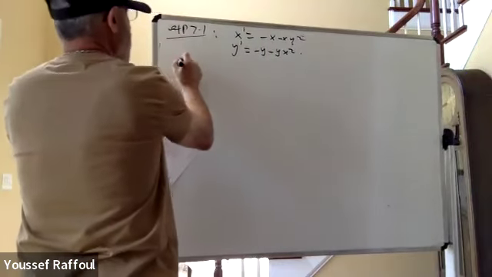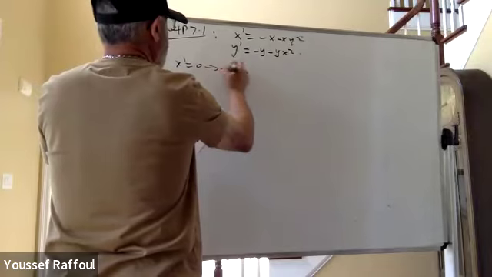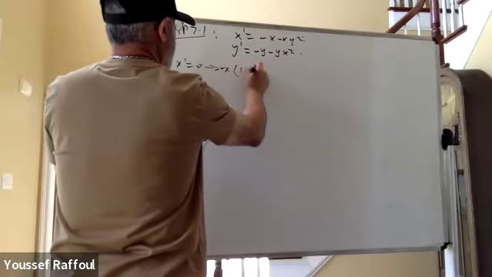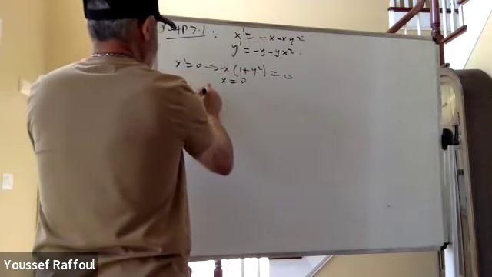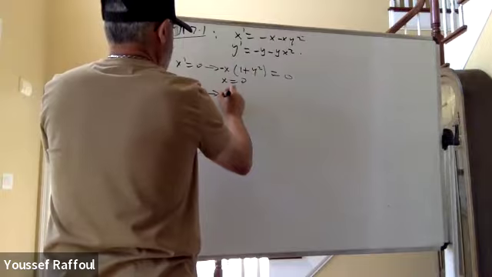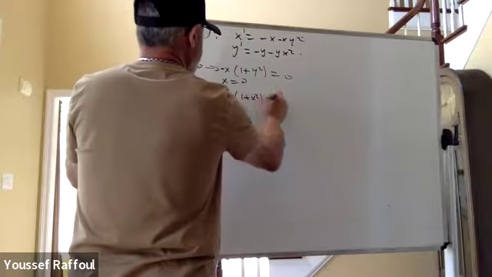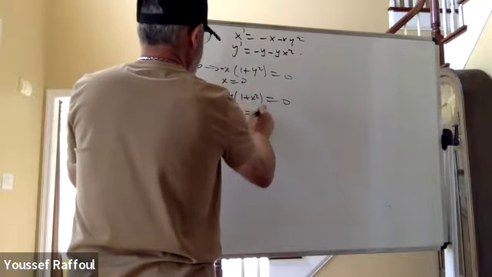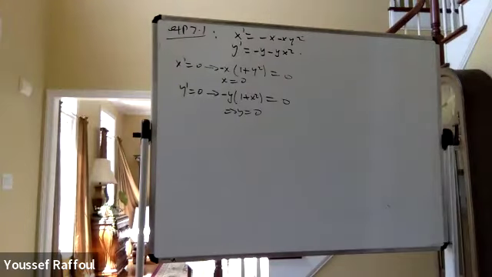If you look at x prime equals 0, you get minus x times (1 plus y squared) equals 0, so you get x equals 0. You get y prime equals 0, minus y times (1 plus x squared) equals 0, and you get y equals 0. So 0, 0 is the only solution here. Okay?